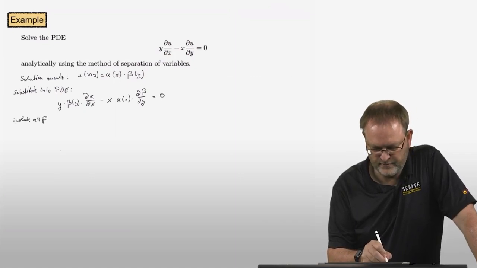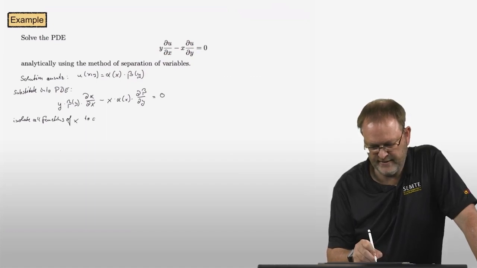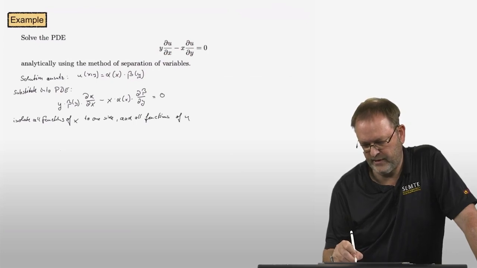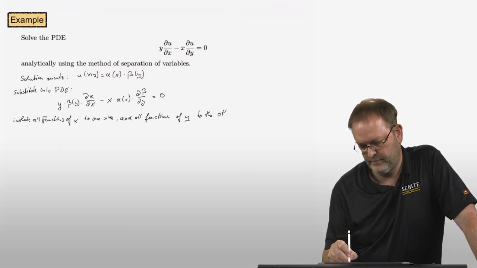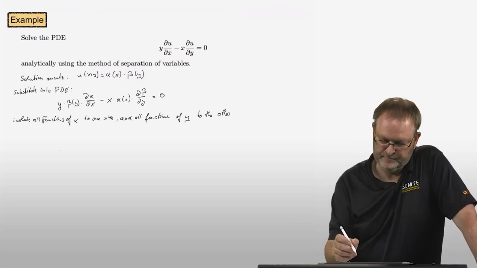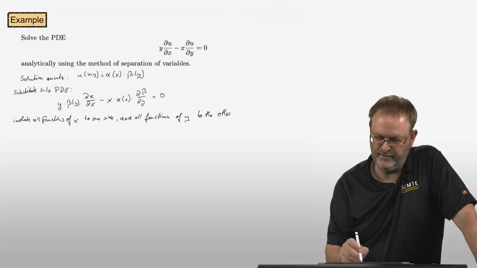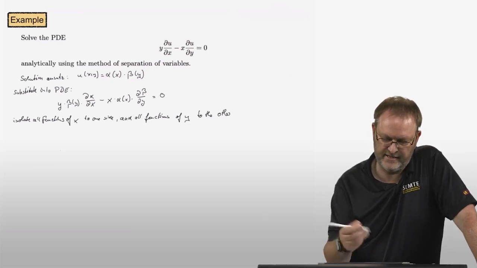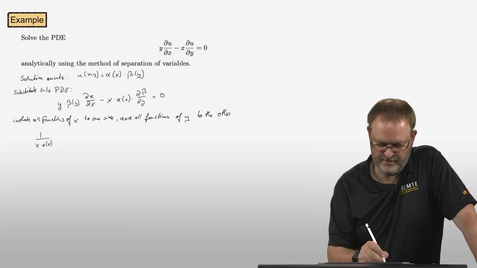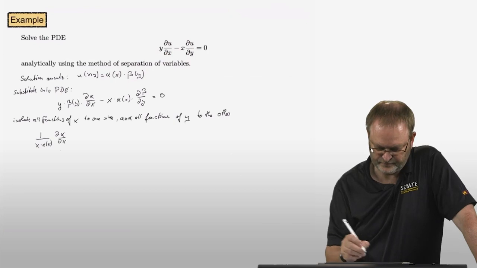Okay, now we're going to isolate all functions of x to one side and all functions of y to the other. So what do we have in terms of functions of x? If we bring this over with a plus, and then we have to divide by x times alpha of x, we have 1 divided by x times alpha of x times d alpha dx.